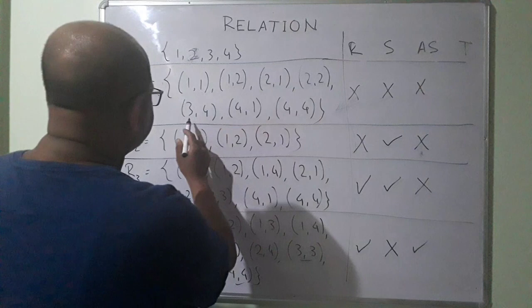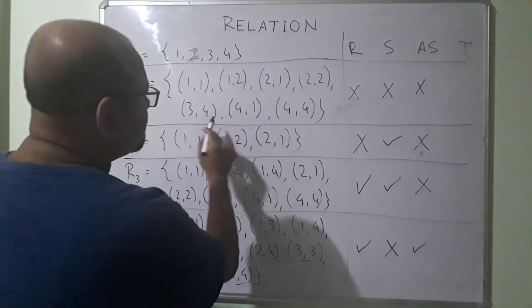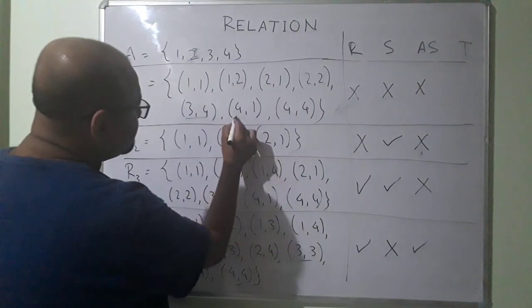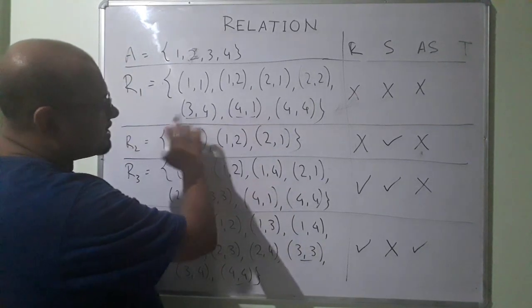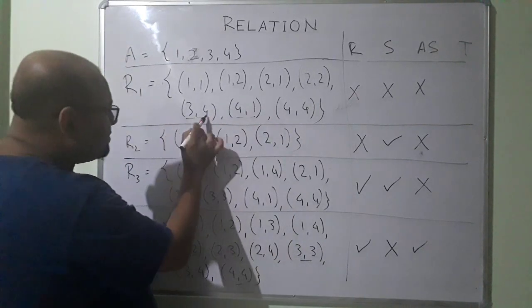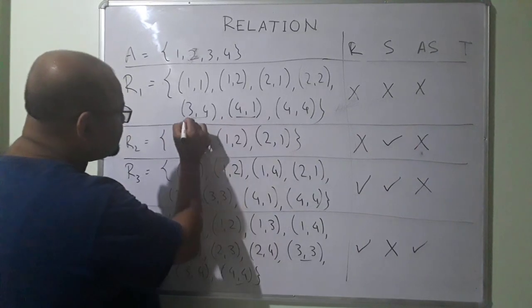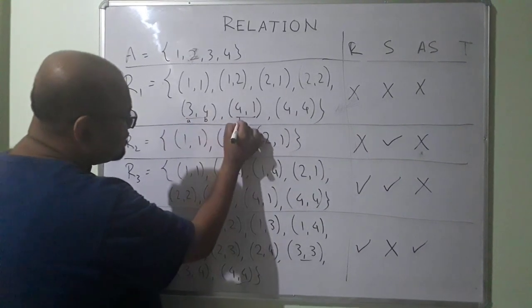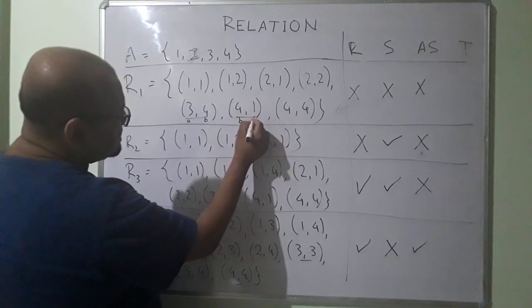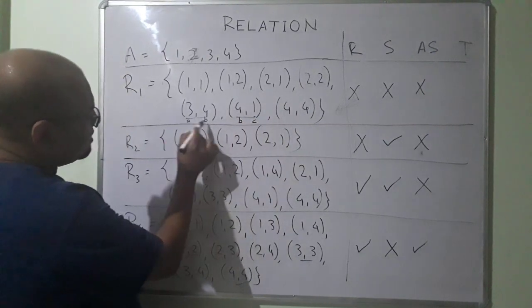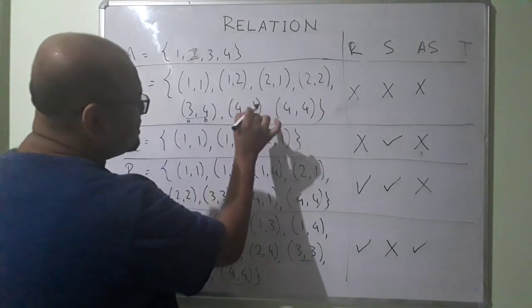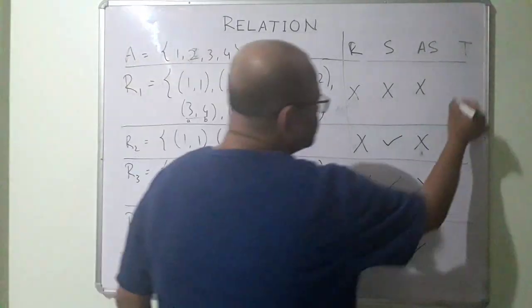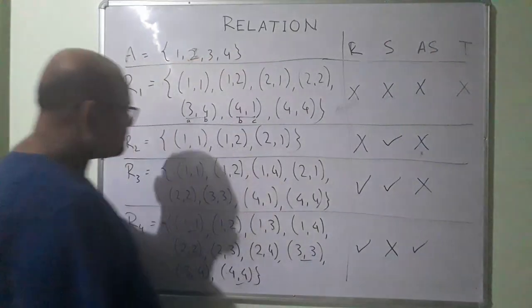Then let us see. 3 4 is there, 4 1 is there. Is 3 1 in there? So AB is there, BC is there, where 4 is B and 1 is C. Is AC there? Is 3 1 in there? 3 1 is not there, right? So this is not transitive.